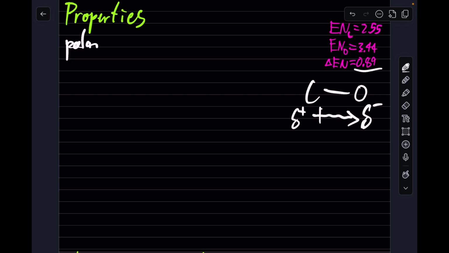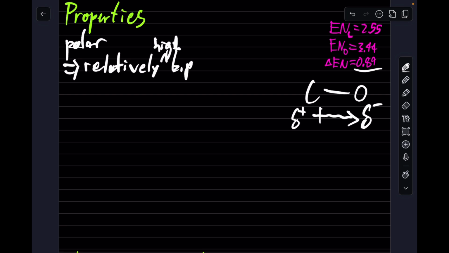So they're polar, and because of that, they have relatively high boiling points. And this is because of increased intermolecular forces between molecules.